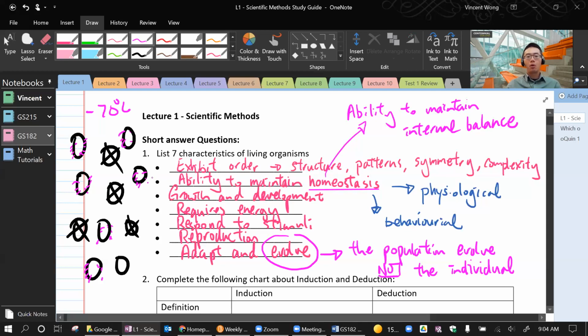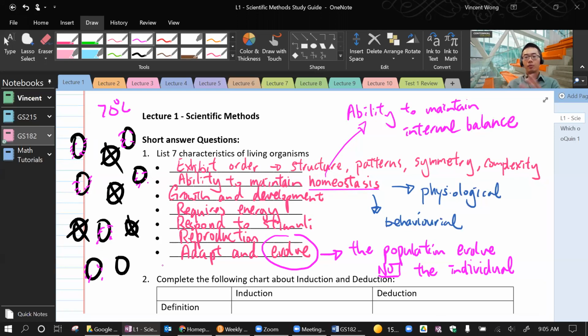So over time, the population evolves to adapt to the cold environment. Now, if that environment becomes very hot, say plus 70, all these furry ones are not going to survive too well. The ones without fur will then reproduce more, and the population would evolve again.